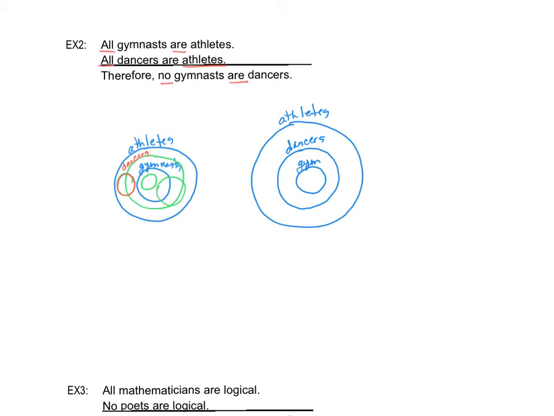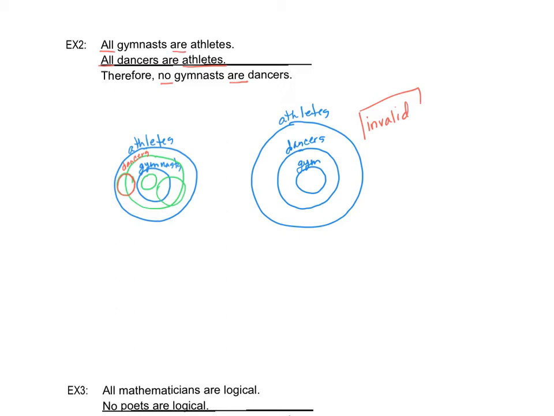However, it makes the conclusion false. This says all gymnasts are dancers. The conclusion is no gymnasts are dancers. So since I could draw a diagram that makes the conclusion false, then this is invalid.